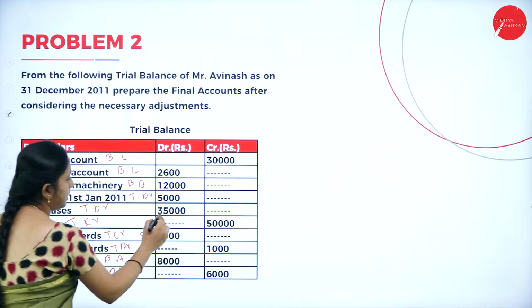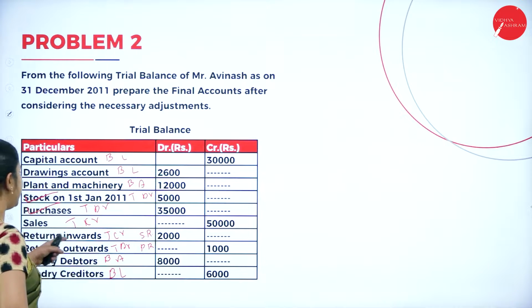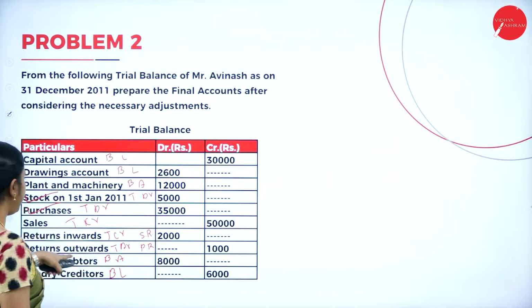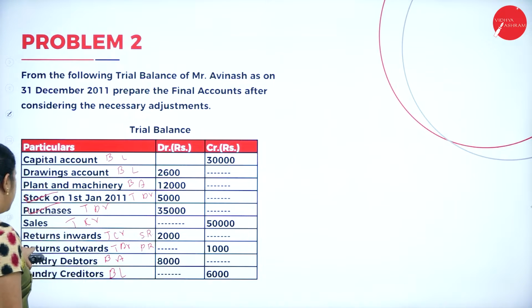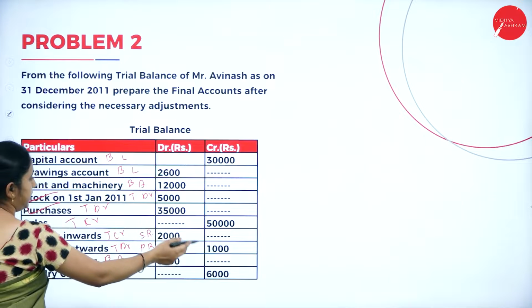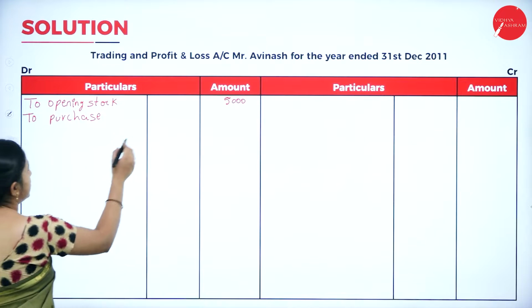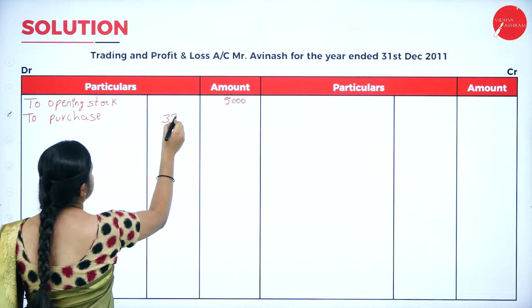We have purchase 35,000. While writing a purchase, just verify whether you have a purchase return or not. Yes, we have purchase return 1,000. Purchase rupees 35,000 minus purchase return 1,000. Write purchase in the inner column 35,000.